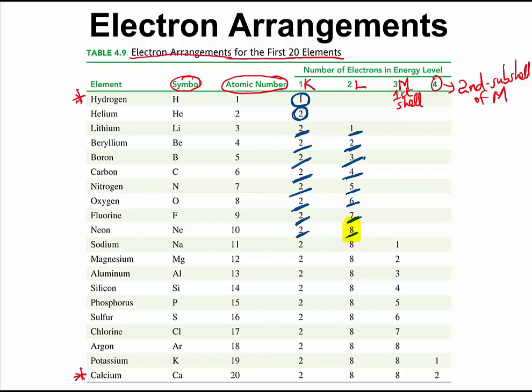Let us now move on. Sodium has 11 electrons.